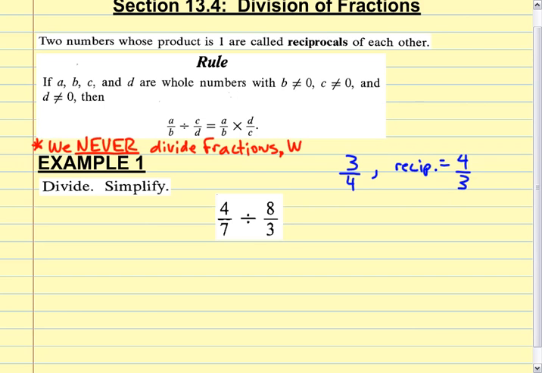We flip the second, which is taking the reciprocal, right? Flip the second and multiply. Make sure you understand that. We never divide. We multiply by the reciprocal.